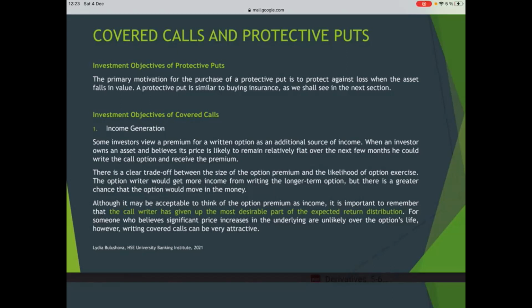If the market believes that the event that is the underlying of an option is likely to happen, the premium is going to be low.